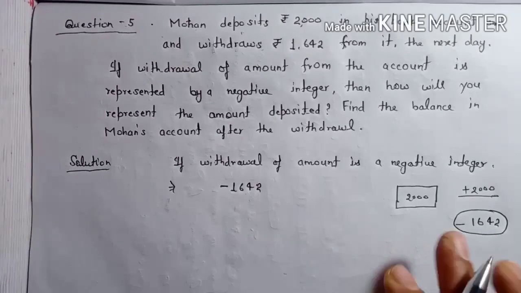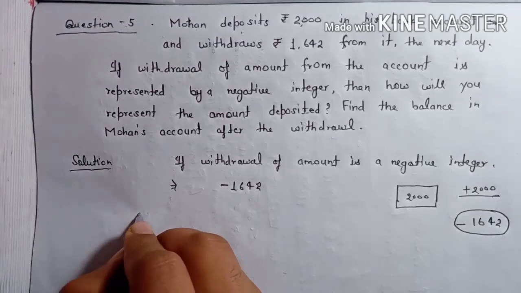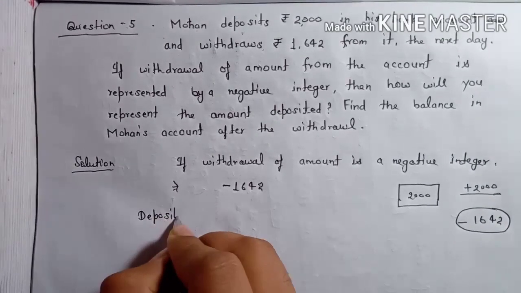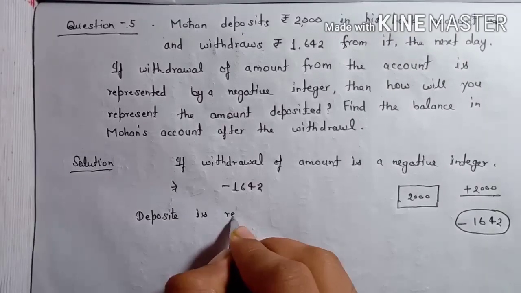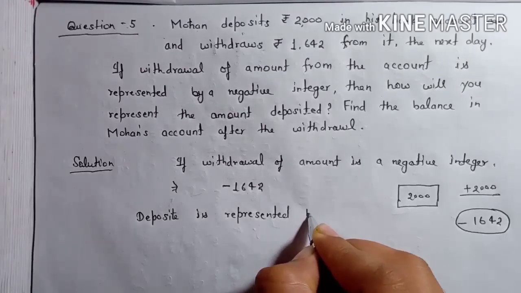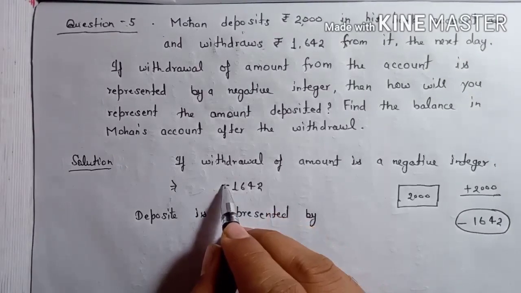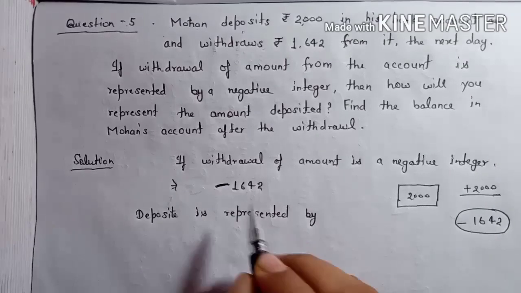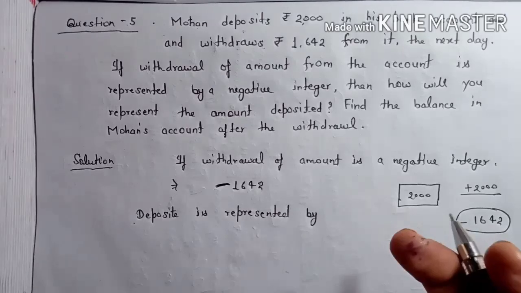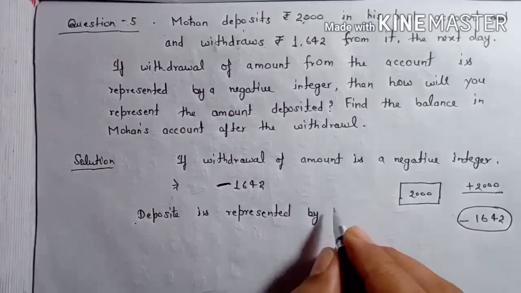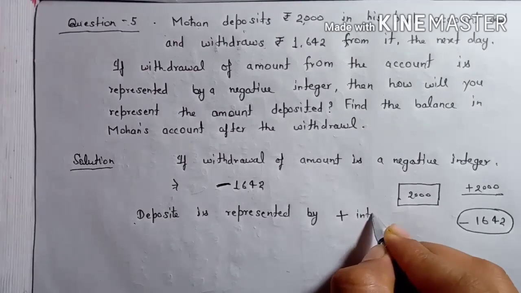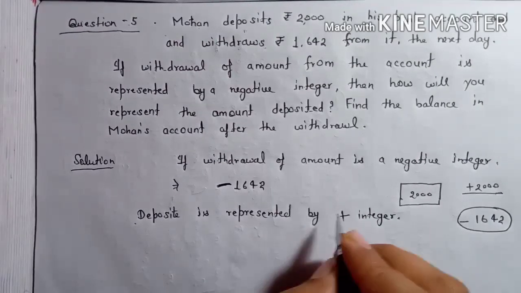So you can write here, deposit is represented by... see, if withdrawal is a negative integer and deposit of money is opposite to the withdrawal, so we can write here it is a positive integer.